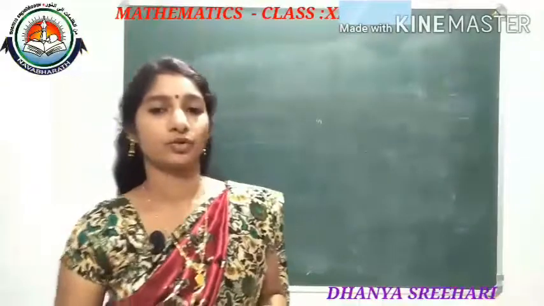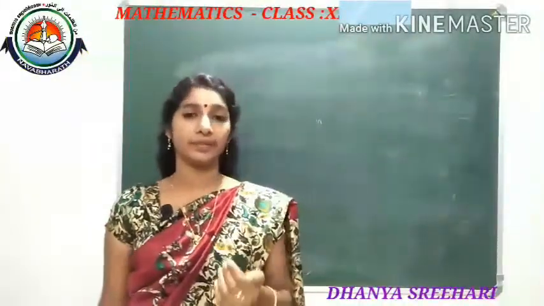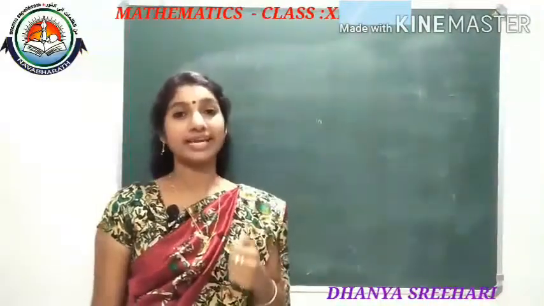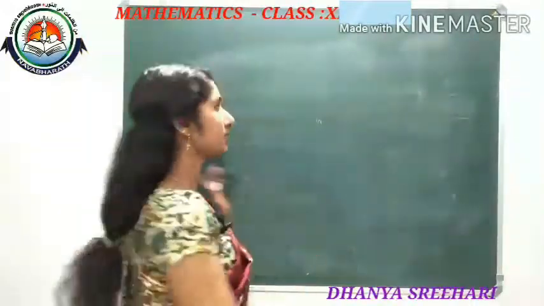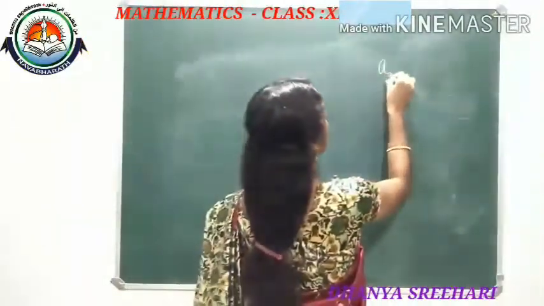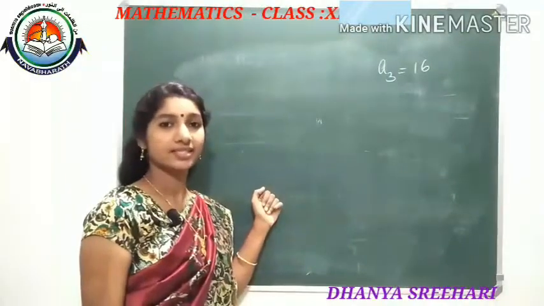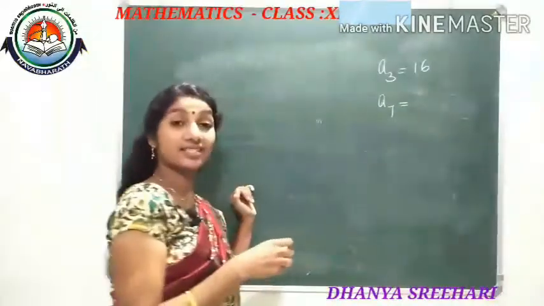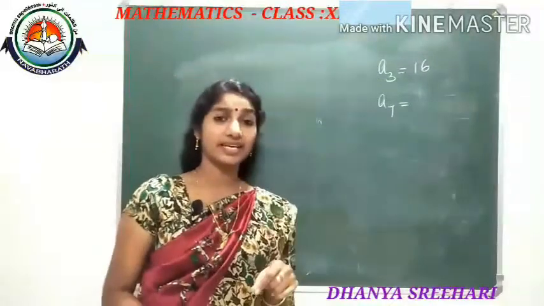Then we can do one more question. Third term of an AP is 16 and seventh term exceeds its fifth term by 12. Third term is 16, so we will write A3 is equal to 16. And the seventh term, A7, exceeds its fifth term by 12.